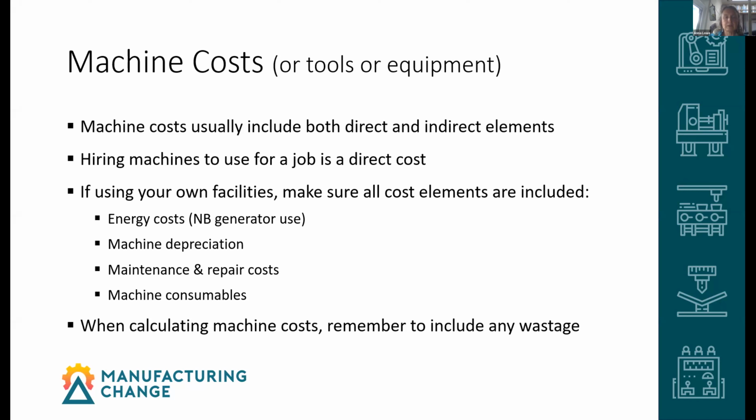There is a cost of the depreciation of the machine. A machine doesn't last indefinitely. So if it's your own machine, you need to think about the fact that maybe it needs to be replaced at some point, and you need to be making an allowance each year towards the actual cost of a new machine.